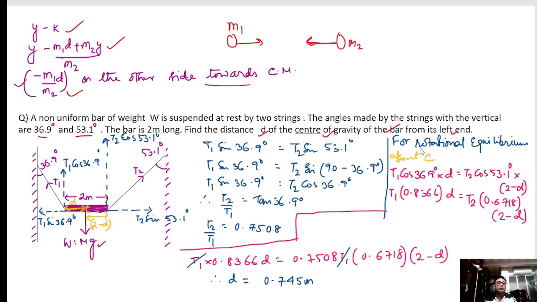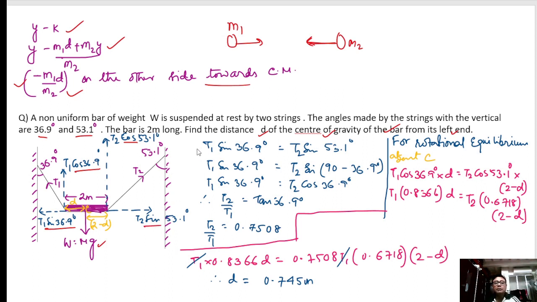Okay, so please watch here. Let the tension in the strings be T1 and T2. So this is T1 cos 36.9 degree, and this is T1 sin 36.9 degree. This is T2 cos 53.1 degree. This is T2 sin 53.1 degree.